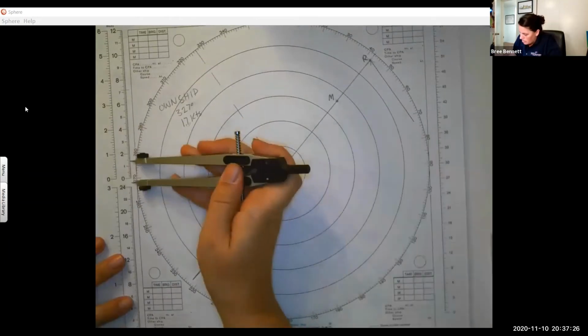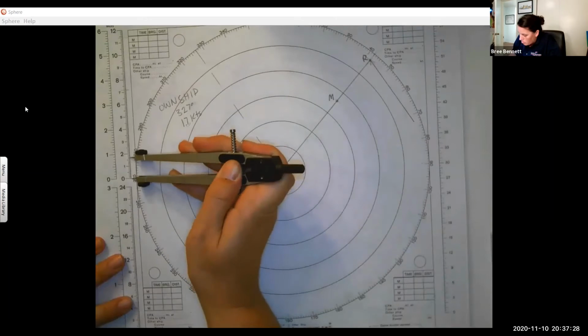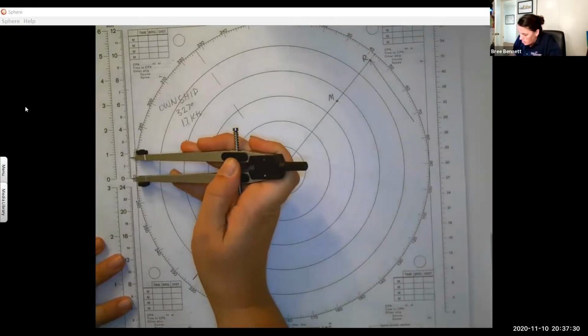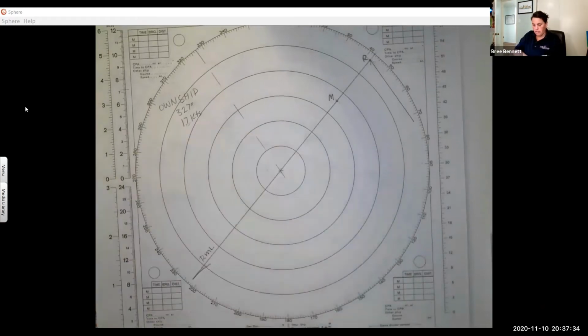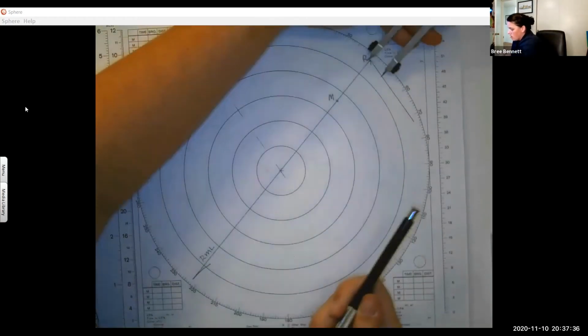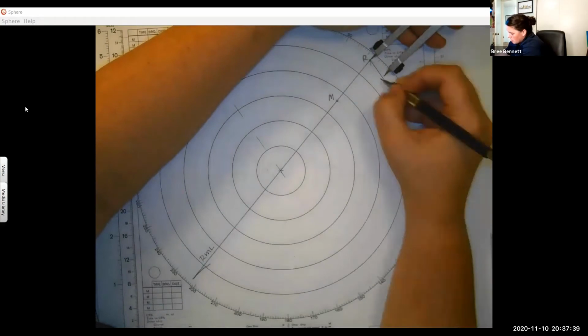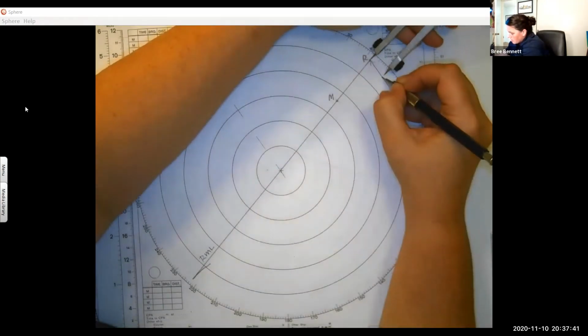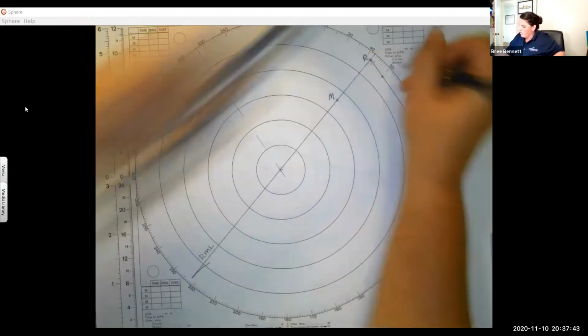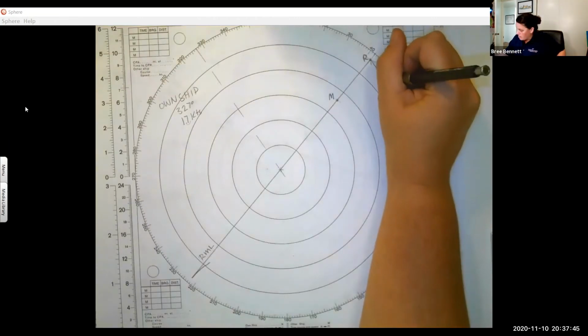Pencil's dying on that end. 1.7. Right here is going to be my E.